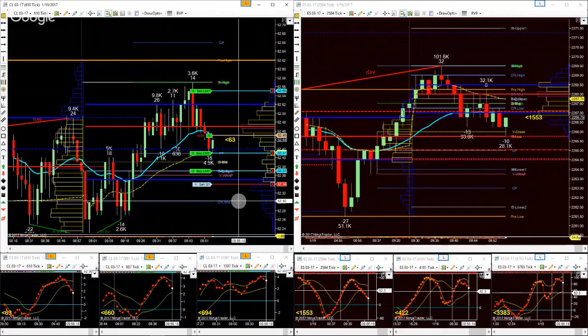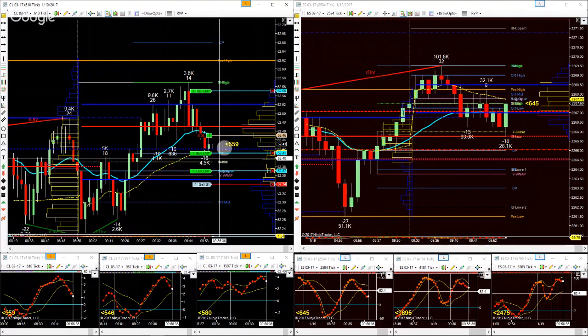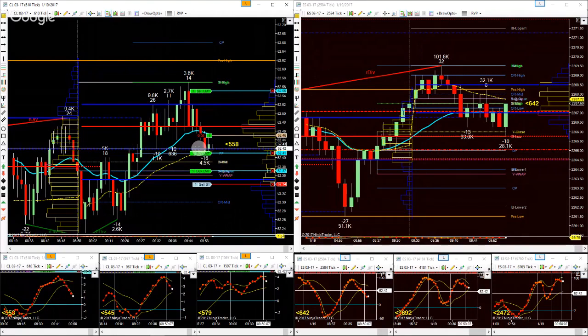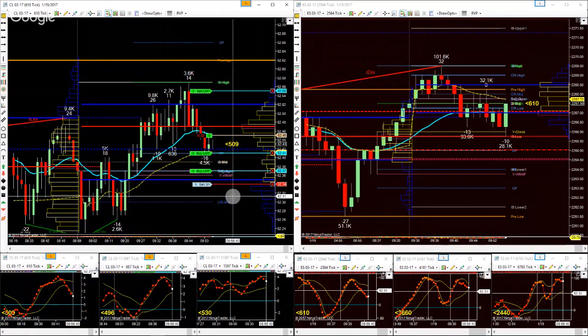So value area high and VWAP still holding as support for now. Let's see how this candle closes. Okay. Let's see if we can't get a push above this previous candle. Really, really stuck in quicksand here.